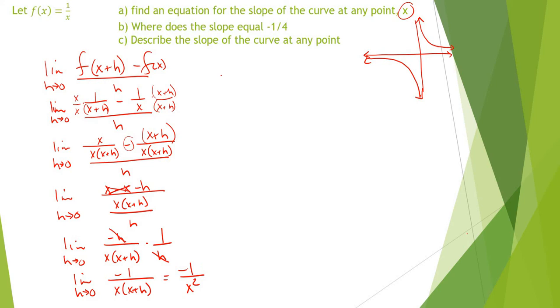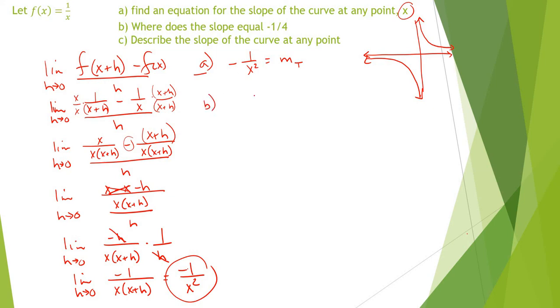This now is a formula for the slope of this curve at any point. No matter what point I want to find the slope at, if I plug it in to negative 1 over x squared, which is going to equal my slope of the tangent at any point, I can get a slope. So that's all part A. That's my answer to part A.